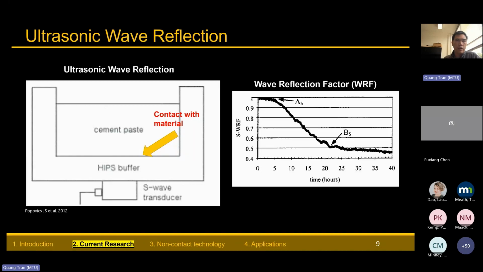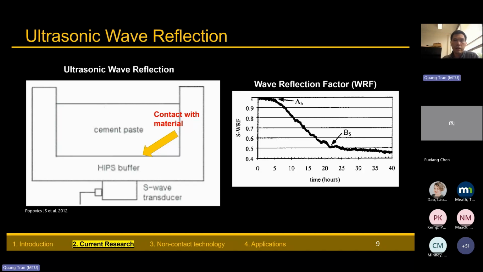But over time, when the cement paste is getting hardened and the bonding between the material and the buffer becomes stronger and stronger, more energy will penetrate into the material, and less will come back to the transducer.